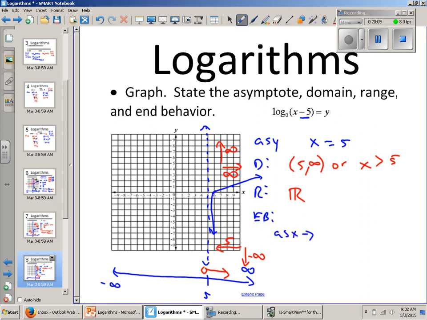As x approaches 5, f of x approaches negative infinity. As x approaches infinity, f of x approaches infinity.